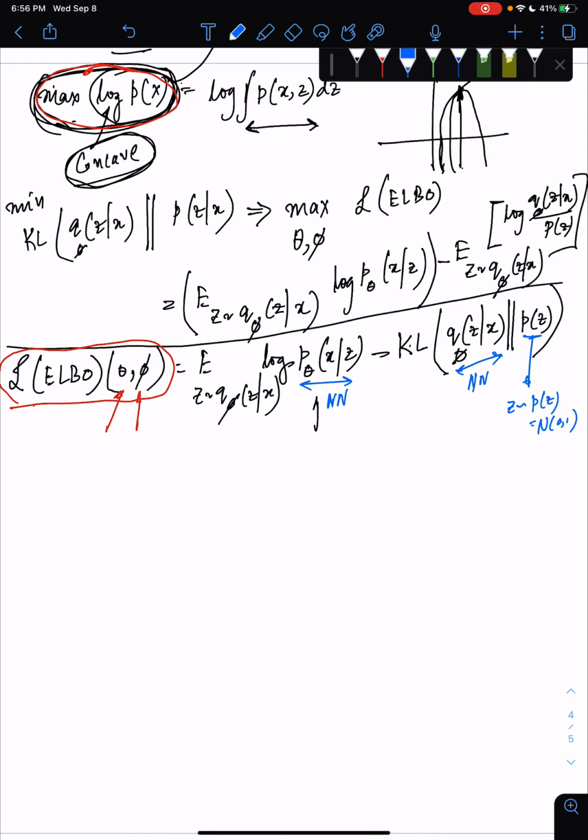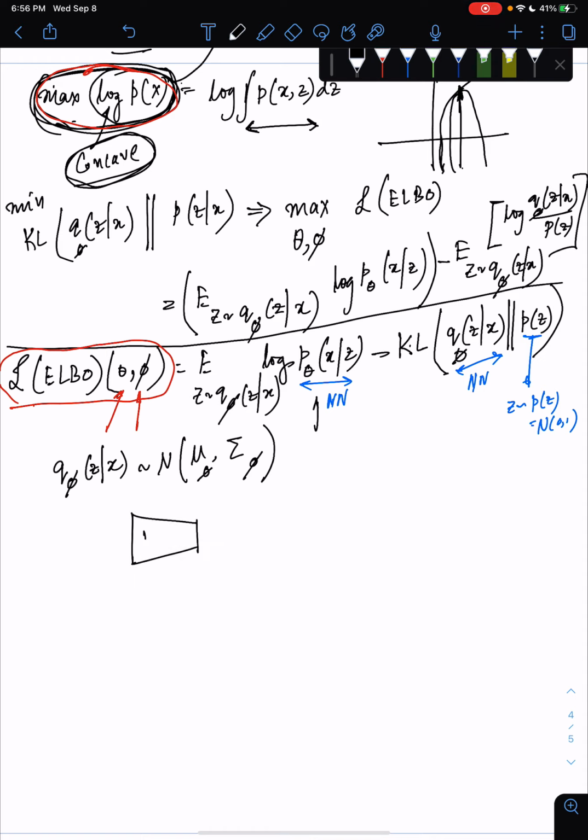I told you in the very beginning that q_phi(z|x) is a Gaussian distribution with mu and sigma as parameters. Now this mu is parameterized by this guy, sigma is parameterized by this guy. What do I mean by that? You have a neural network which will take the input x, and it will give you two outputs.